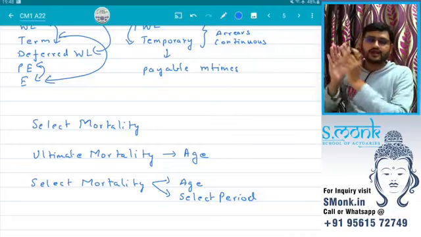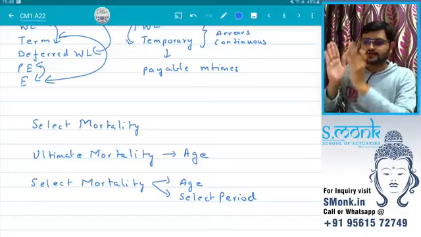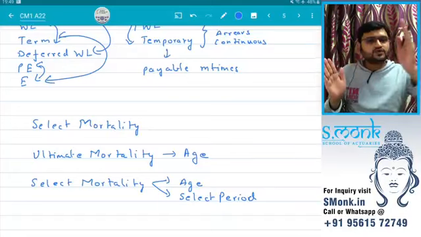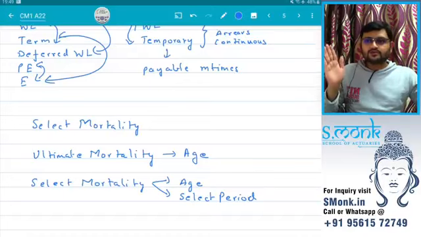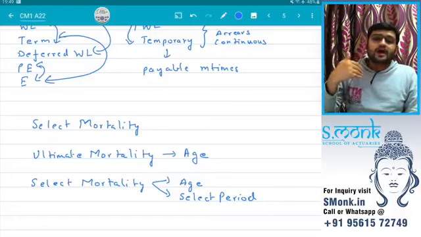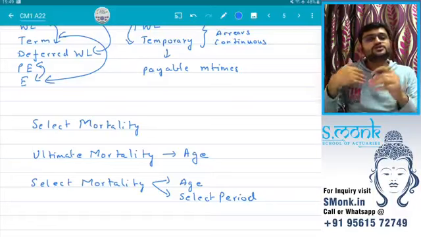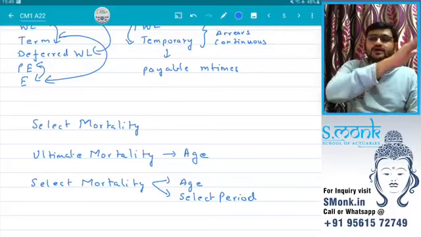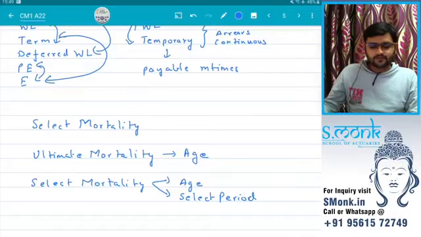Let's say at age 30, I am perfectly healthy. That is where I buy the policy and I continue to pay the premium on time till age 50. And now I develop some diseases. They cannot change my policy at this point and say that I will put you in a different category. That would be unethical.